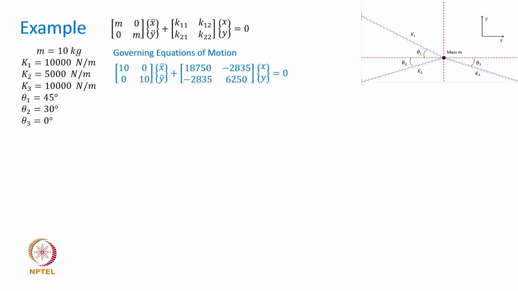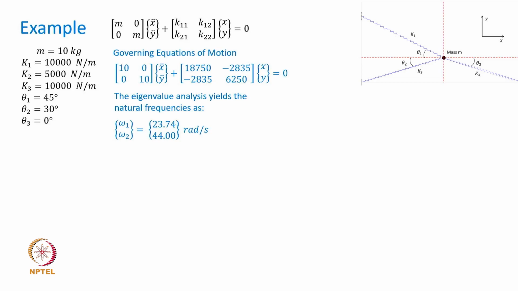Once you do that, you can solve it using whatever method you find convenient. You can also solve this by using a determinant, assuming some assumed solution here. Basically the eigenvalues can be easily obtained since this is just a 2-degree of freedom system.